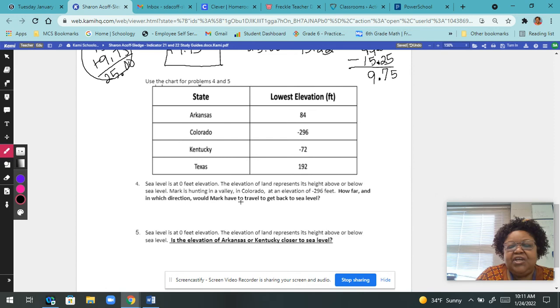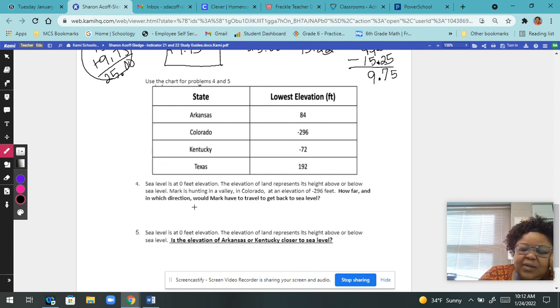Okay, so we're going to use this chart for problems 4 and 5. We have 4 states with different elevations. Okay, number 4 says sea level is at 0 feet elevation. The elevation of land represents its height above or below sea level. I didn't know Colorado was below. Well, I guess it has some points below sea level. Okay. Mark is hunting in a valley. Oh, that makes sense. In Colorado at an elevation of minus 296 feet.